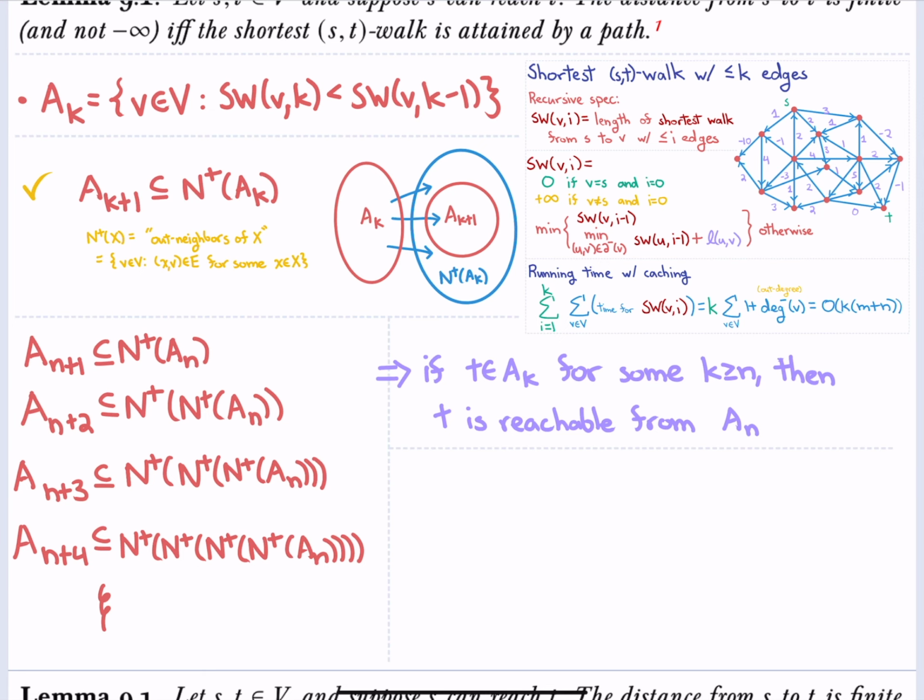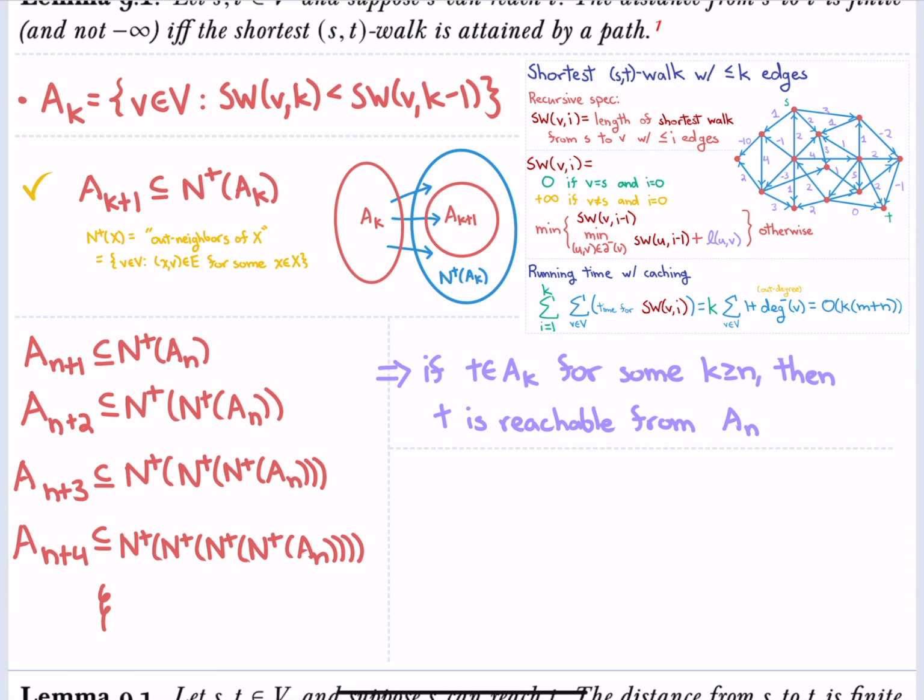What do I know about the distance from S to any vertex in a sub n? It's going to be negative infinity, right? Because it's more than n minus 1.